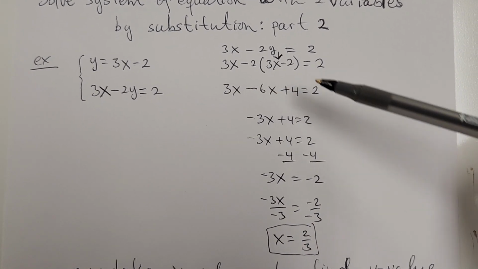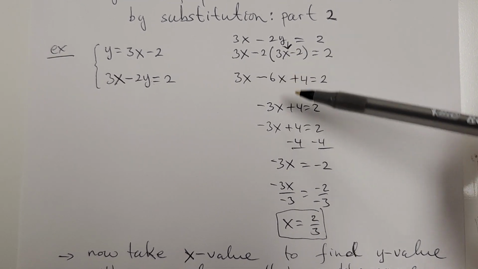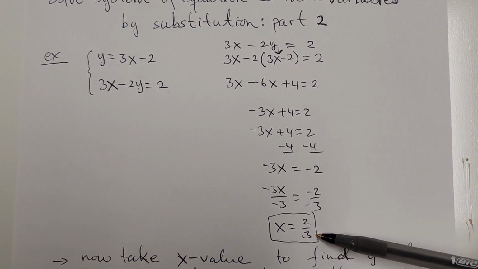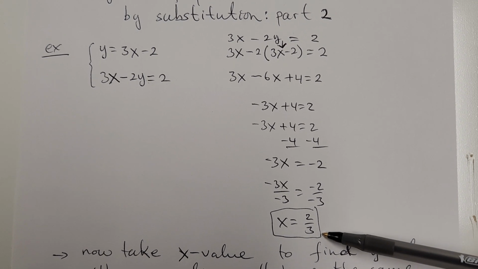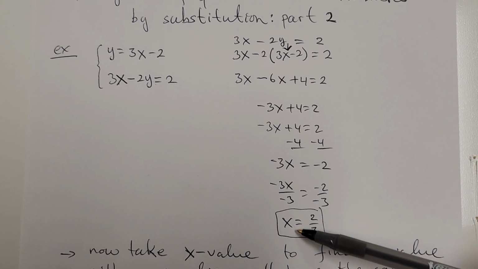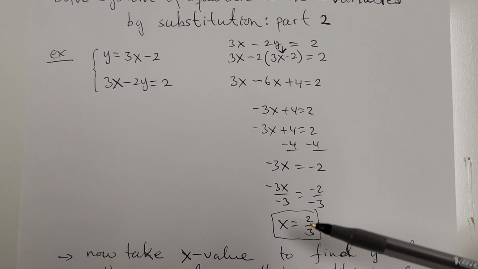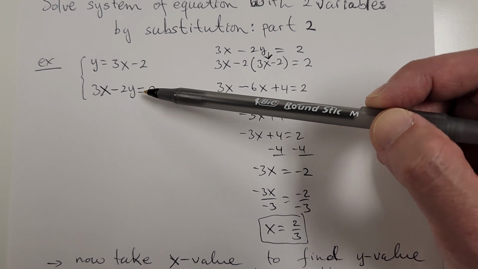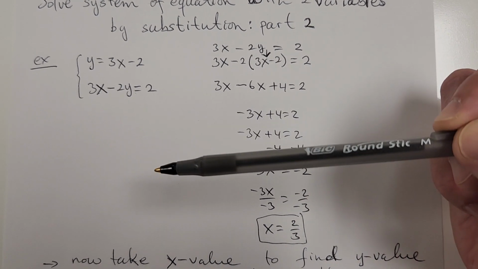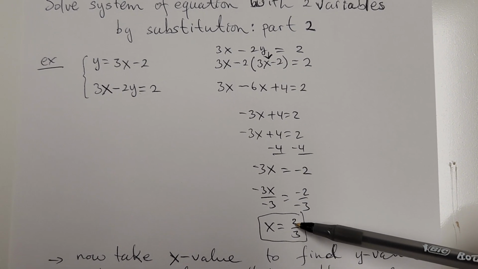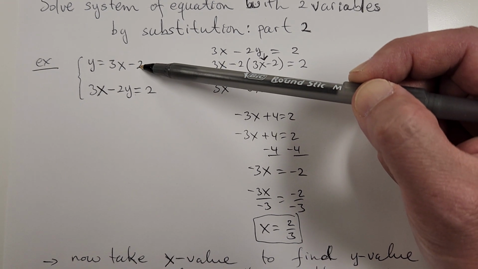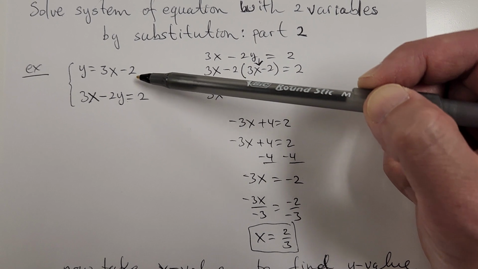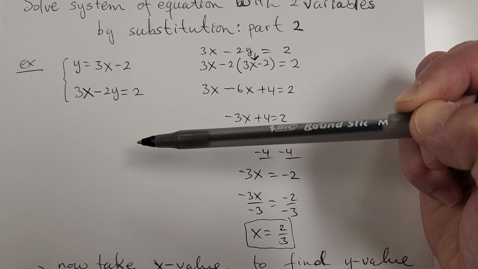Okay, so we did all the algebra, so we know what x is equal to, which is positive 2/3. Now take this x value, go back to either equation 1 or equation 2 to get my y value. Either equation will give you the same answer.